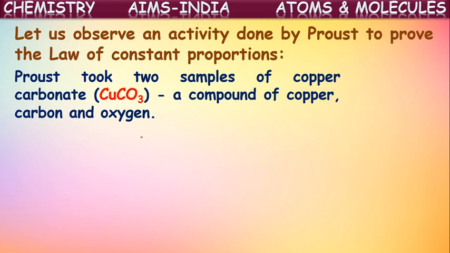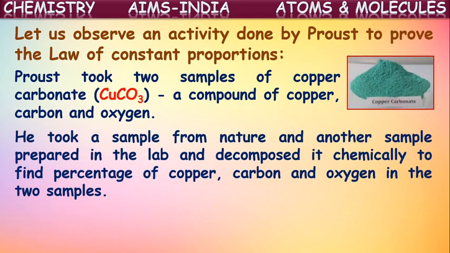He took a sample from nature, the copper carbonate available in nature, and another sample he prepared in the laboratory by using chemicals. So the copper carbonate is taken from two different sources: one from nature and the other prepared in the laboratory by Proust.